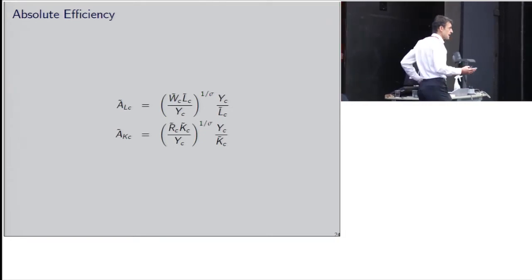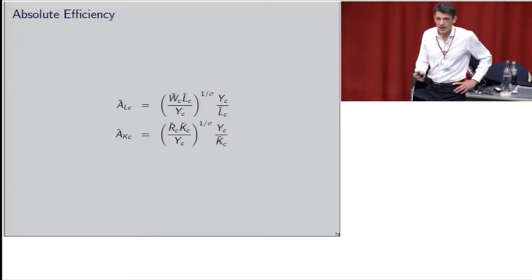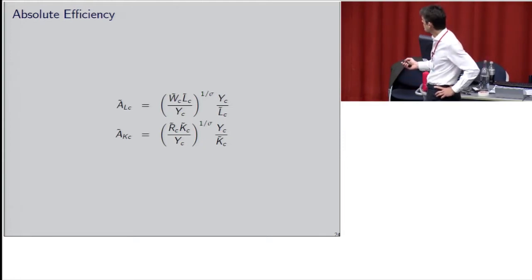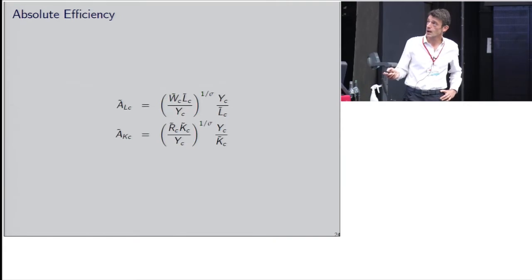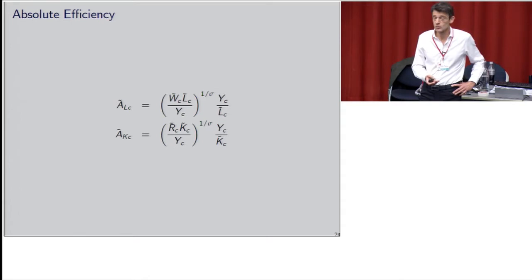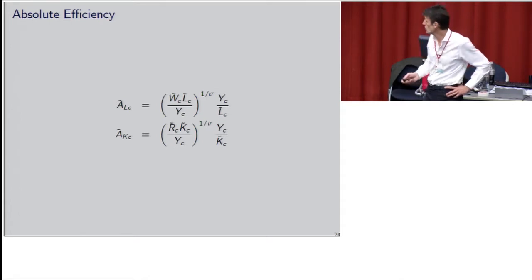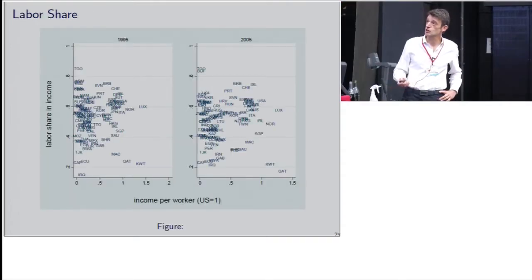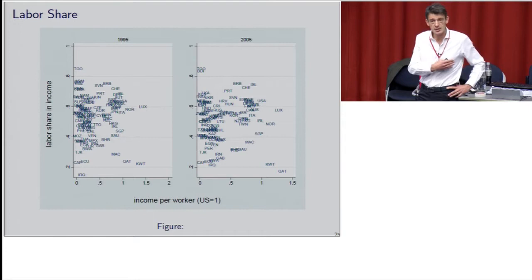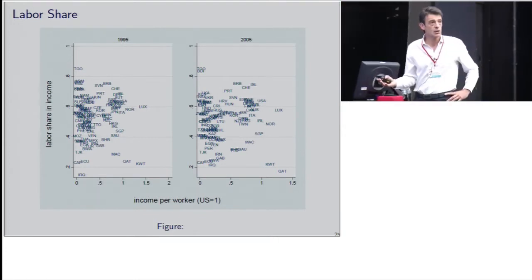Now, it seems like I'm stuck, but in fact, I'm in luck again, because it turns out that these shares in GDP don't vary very much with GDP per worker, with income per worker. For example, this is the labor share plotted against income per worker. It's all over the place, of course, but it doesn't systematically seem to vary with income per worker.